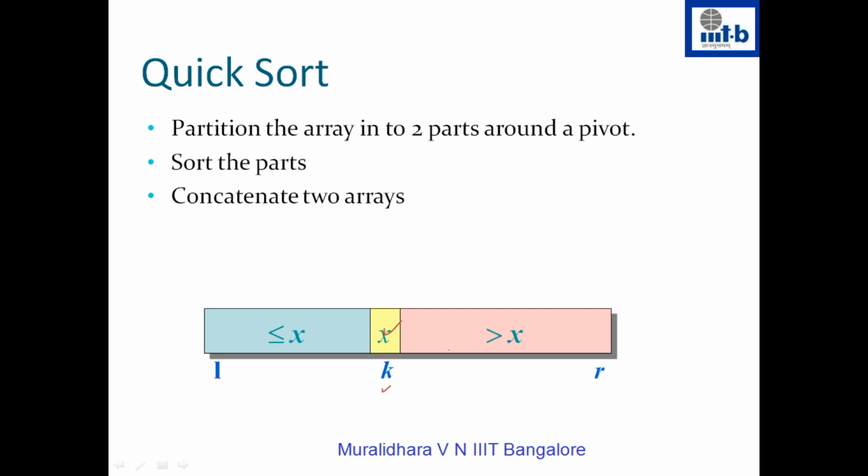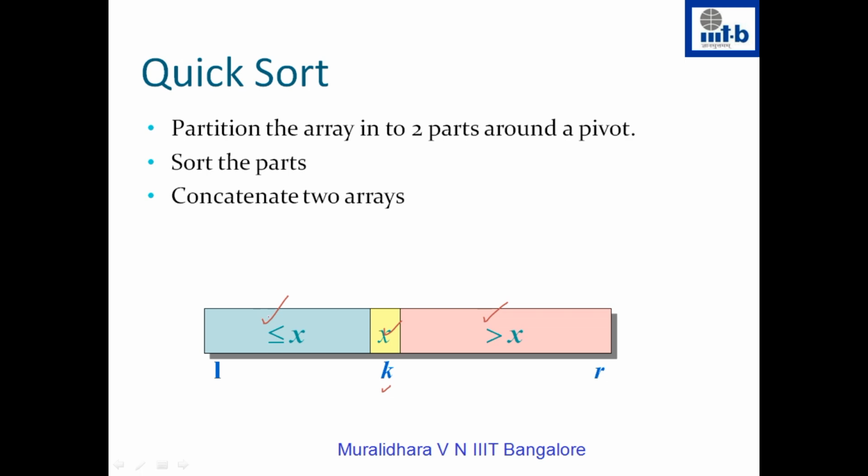Once I have such a partition function which partitions the array into two parts, it's easy to see that it's enough to sort the left-hand subarray recursively and the right-hand subarray recursively, because any element here will be smaller than or equal to the pivot, and any element there will be greater than the pivot.